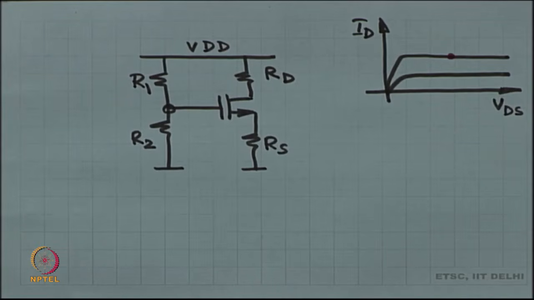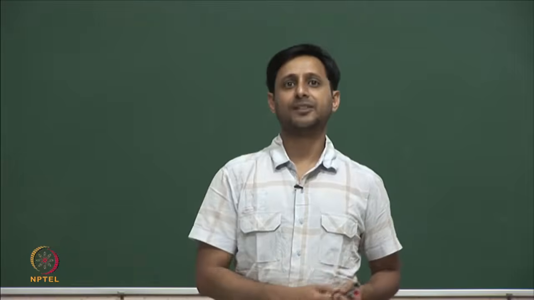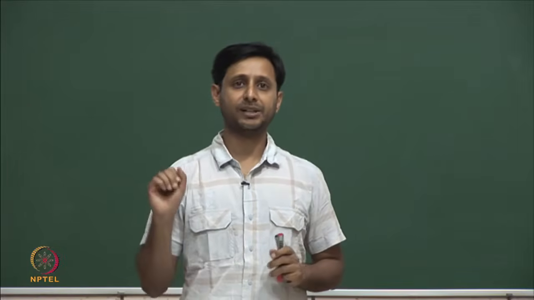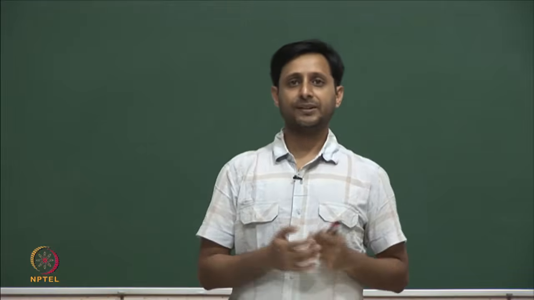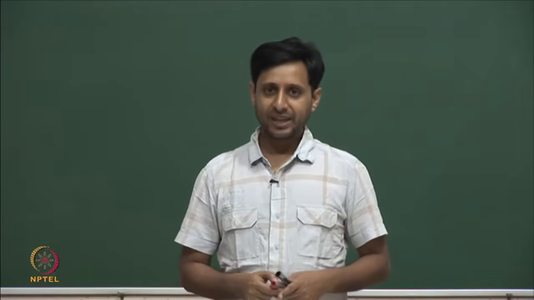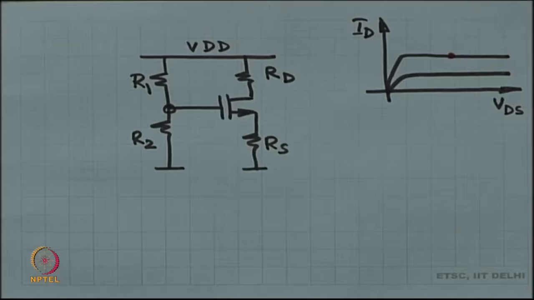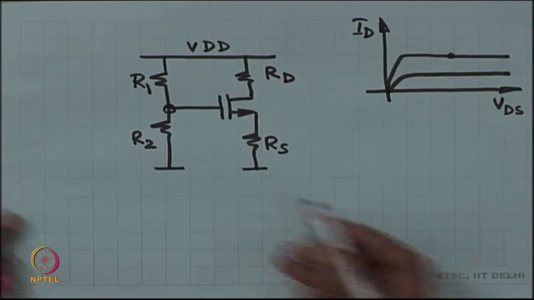Then we said that all right, this has been biased, the MOSFET has been set at its correct operating point. Now, how do I make an amplifier out of it? And the answer was that we use these big fat capacitors to couple in the signal or to couple out the signal.